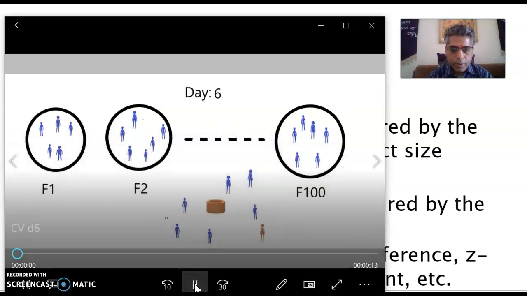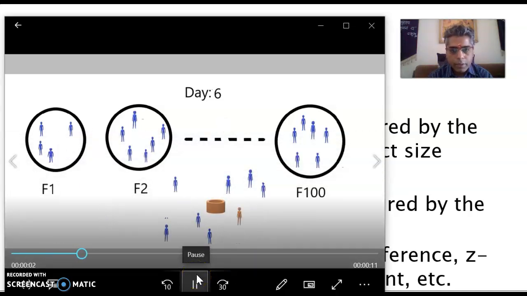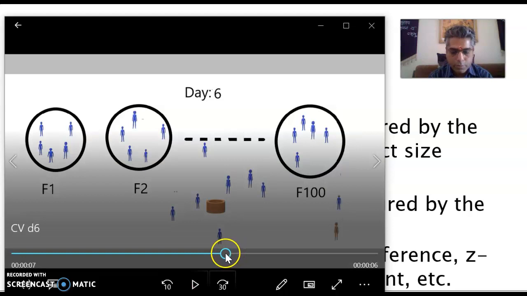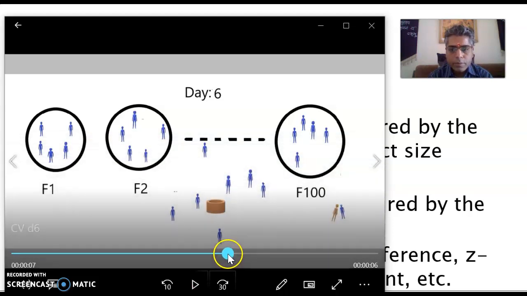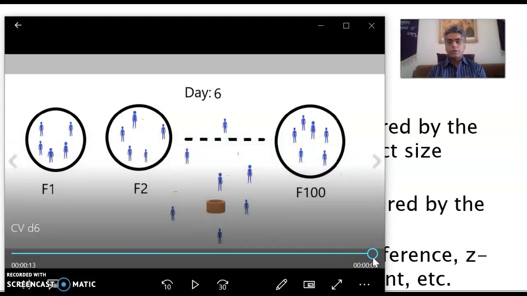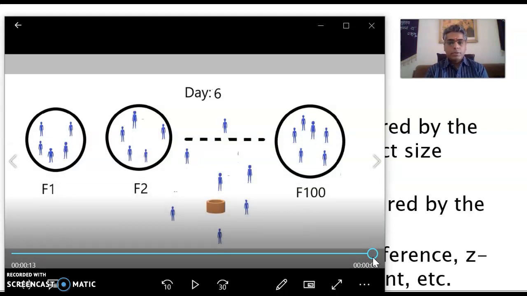Let me rewind it a bit to see what is exactly happening here. As you can see, the disinfection worker is going, and this is the point where she's interacting with this person, and they do it too closely, and then she goes off. Now, she might be infected, she might not be infected, because she comes from a village which is highly infected, and usually it is assumed that since she is a health worker, she might not be infected.